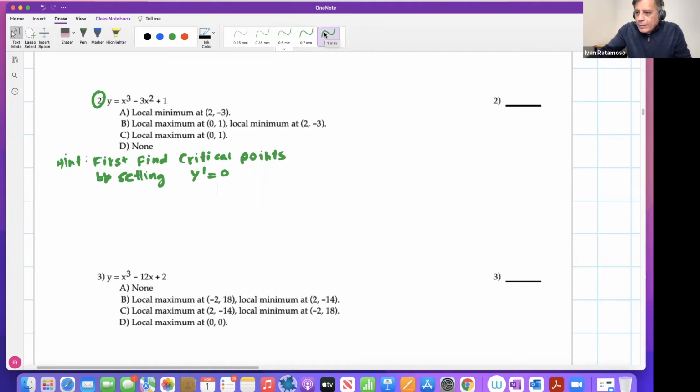Yeah, if you found the critical points, let us know. So to see if you're on the right track. Two. Yeah, number 2. Let me see. Yeah, it's very tricky, this function.